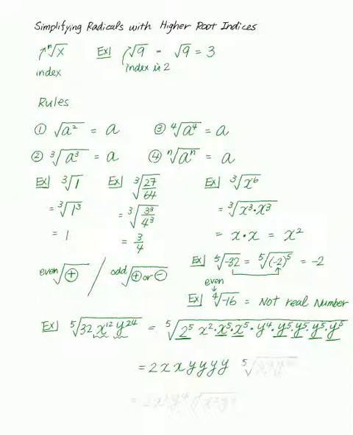Inside, I'm still left with the fifth root of x to the second power, y to the 4th. They didn't have enough exponents to come out, so they have to stay inside. Simplifying this up, I end up with 2 x squared y to the 4th times the fifth root of x squared y to the 4th. Ooh, you may need to go through that one again. That one's a little complicated.